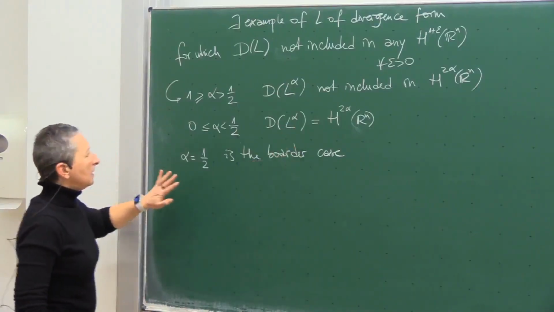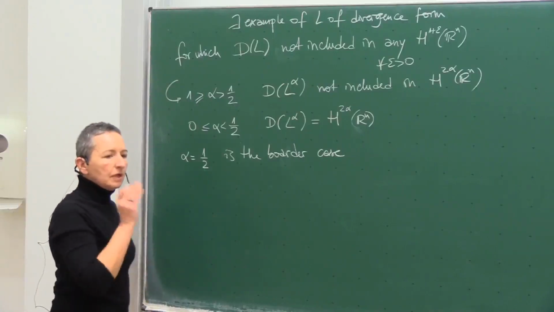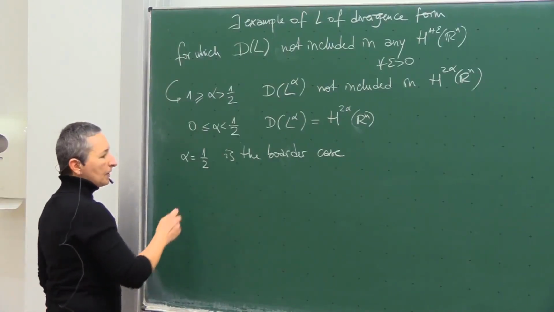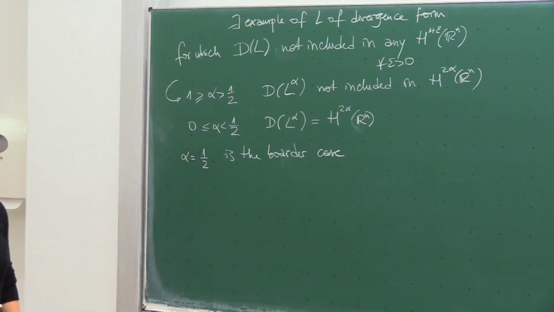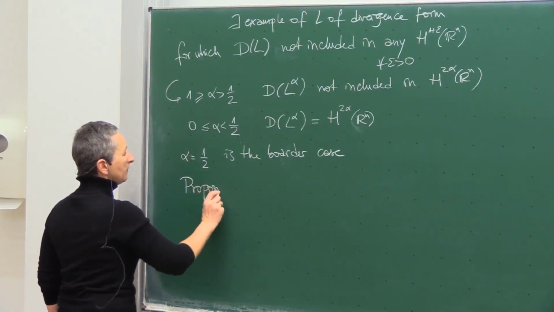Okay. So alpha equals a half is just the limiting case. And what we aim to do in this lecture is to prove this proposition.